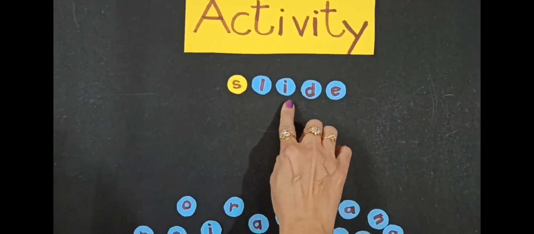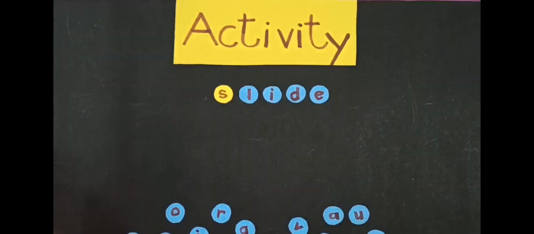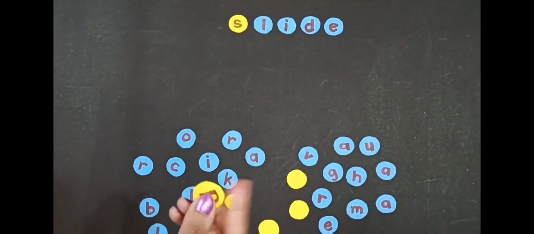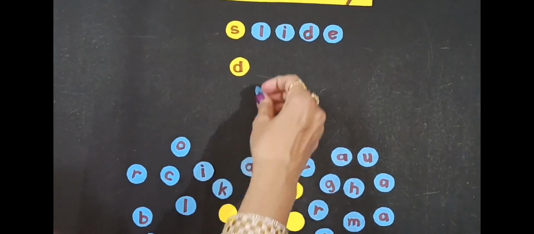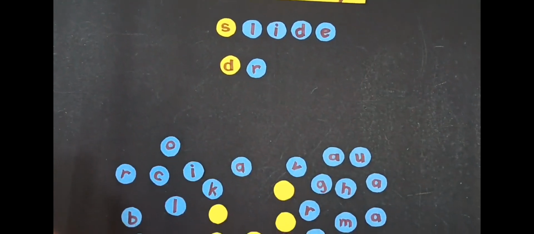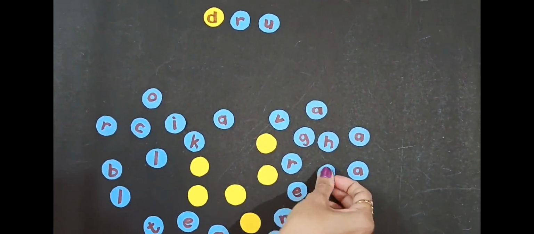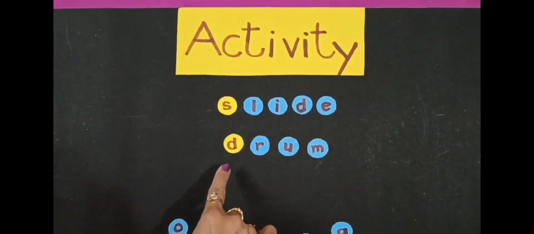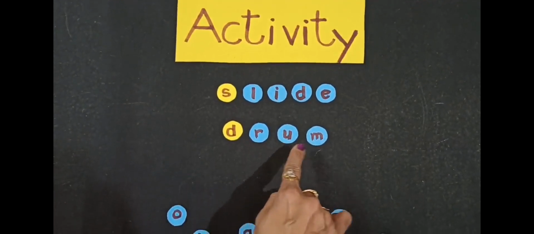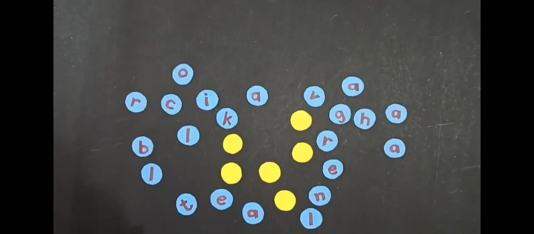S L I D E. Slide. Now we'll turn the next letter. It's D. Then I will take this R, then U, and then M. So it becomes drum. D-R-U-M. Drum.